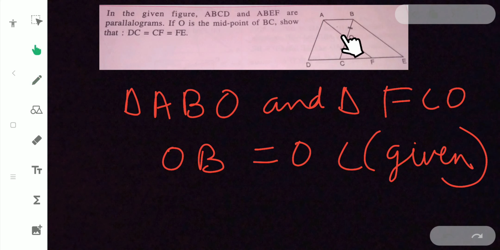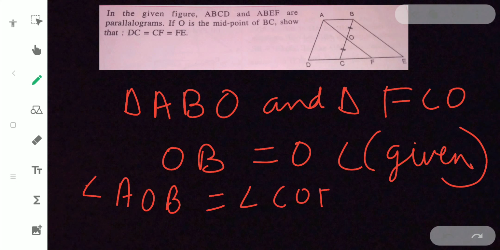We have also angle AOB is equal to angle COF. Can you guess what the reason is? Yes, that's right. It is by vertically opposite angles. And what else we are having is angle OBA.